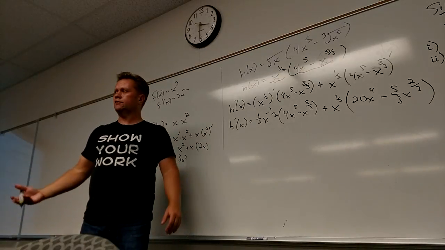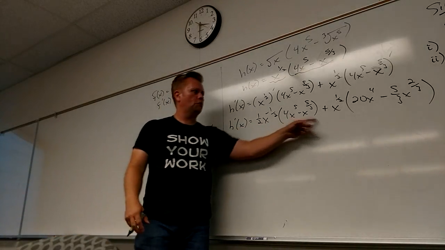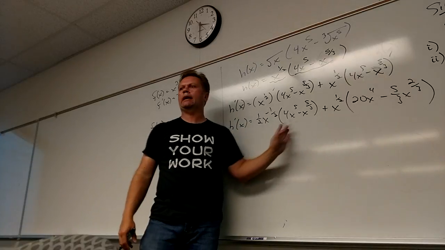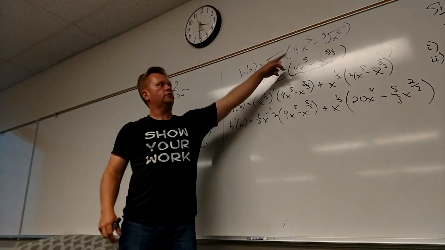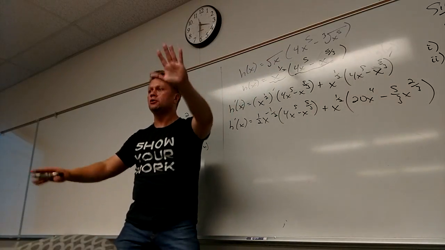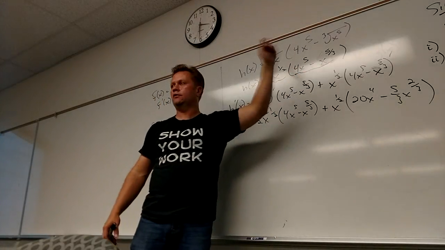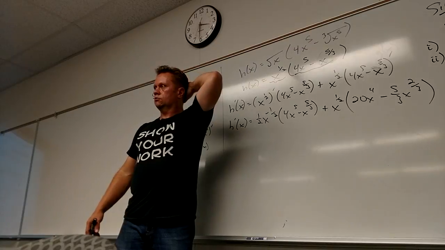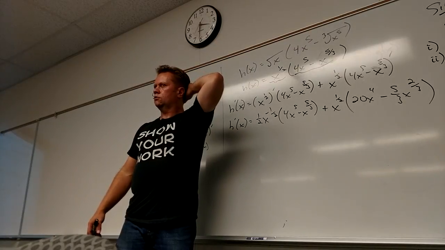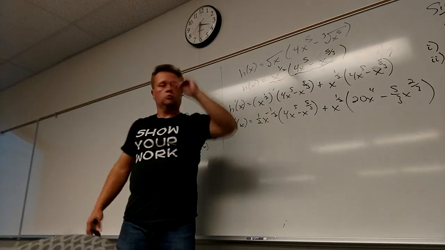That's gross. If you wanted to, you'd have to distribute, get your like terms together. My God. It'd be much better to distribute first if it doesn't tell you you have to use product rule, right? I would sure as hell distribute that thing first. Okay, I like it.